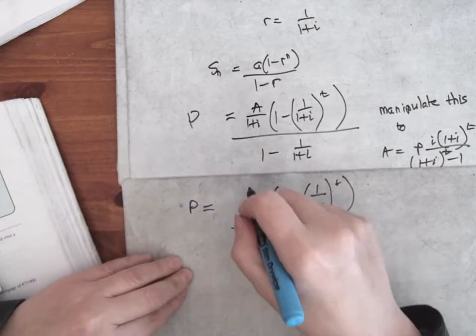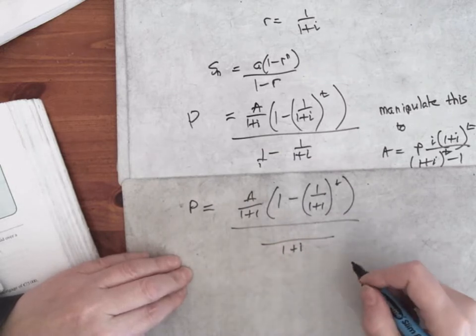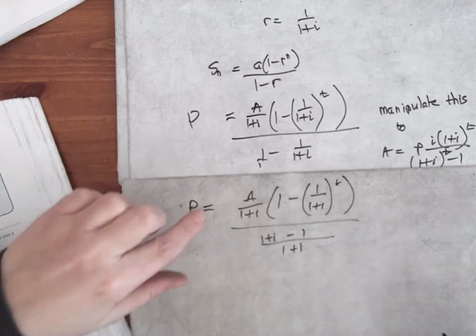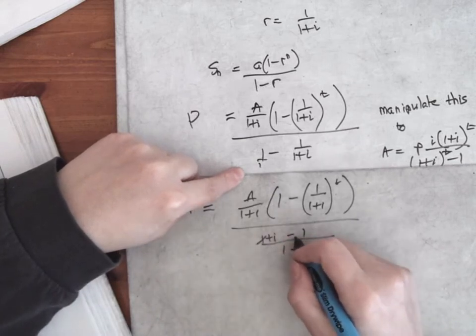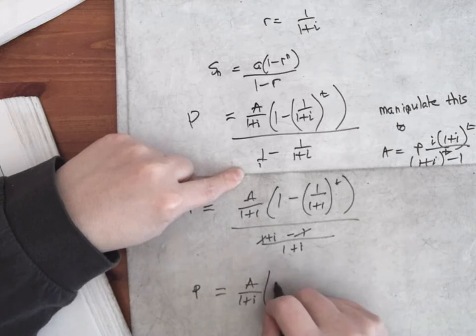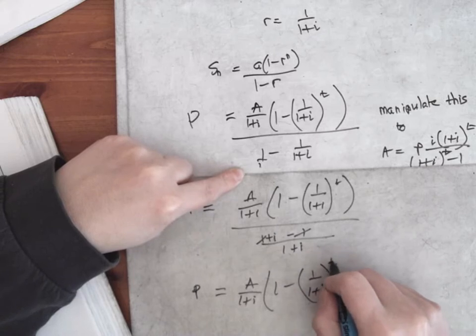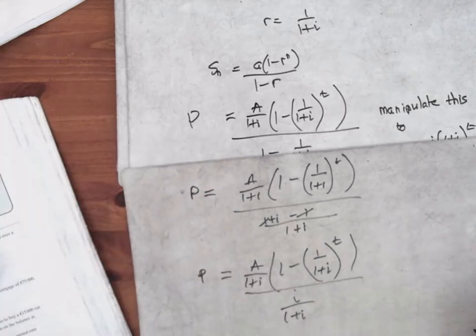That's over 1. Common denominator is 1 plus I. So 1 into 1 plus I goes 1 plus I times minus 1. I put that 1 over the 1 plus I as well. They'll cancel, so I'll end up with the principal equals A times 1 plus I all over 1 minus 1 plus I all to the power of T, all over I all over 1 plus I.